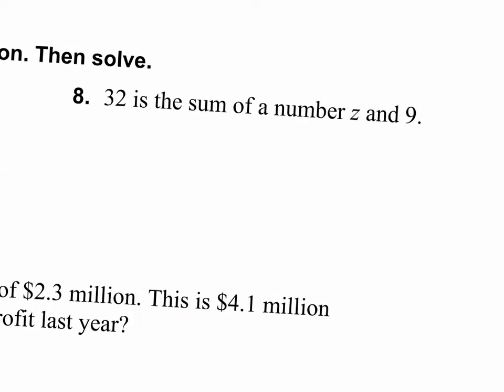All right, so same thing, number 8. Let's go ahead and box the numbers up. So 32 is the sum of number z and 9, okay? So is means equals, we know that. The sum means to add a number z and 9. So 32 equals the sum, which is plus, so plus z and 9, okay?